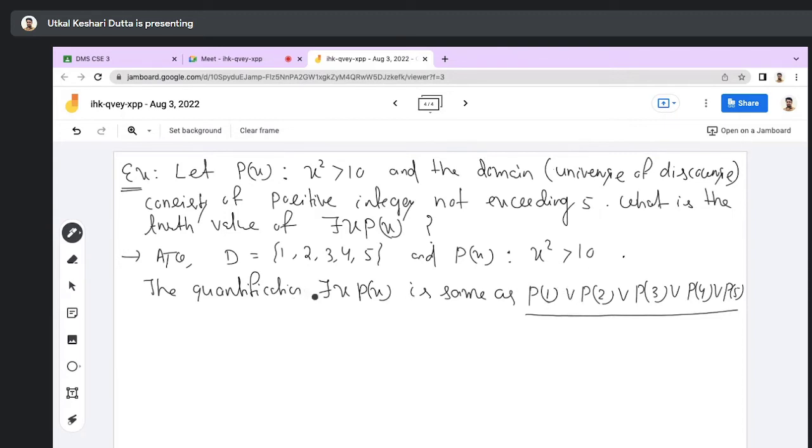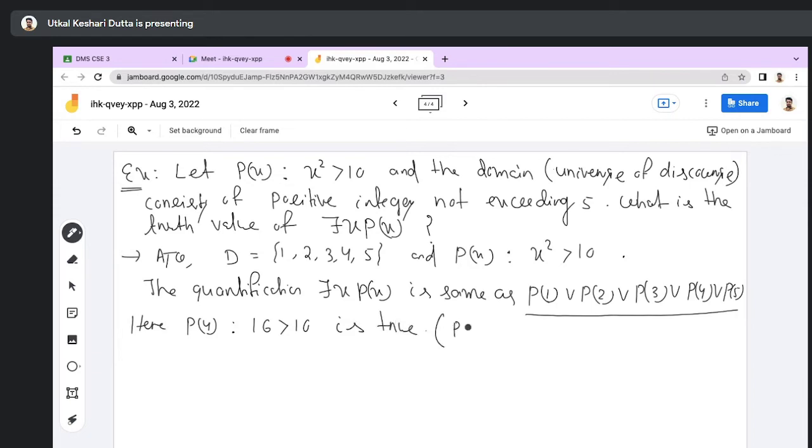That means the existential quantification will be true. Check that P of 1, 2, 3 are all false, but P of 4 is true, and P of 5 is also true. Here P of 4, that is 16 greater than 10, is true.